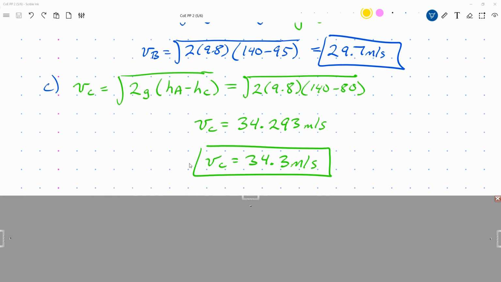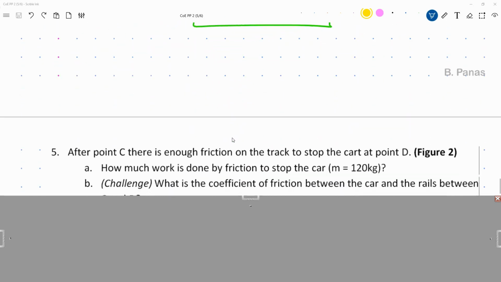And I did say I record answers to 3 significant figures. Peeking ahead a little bit, we're going to be using this number again in a later question. Whenever I reuse a calculated value, I like to keep a couple of extra sig figs in the subsequent calculations. So I'm going to call this my final answer for question C, but I'm going to use this value coming up soon. Okay, moving on.